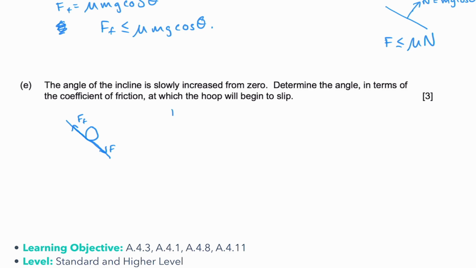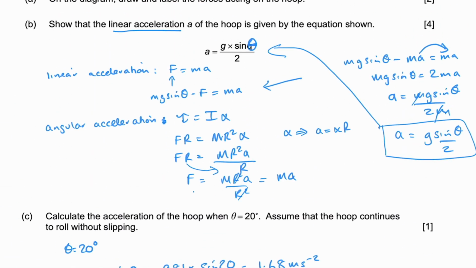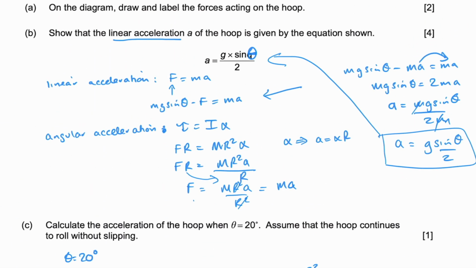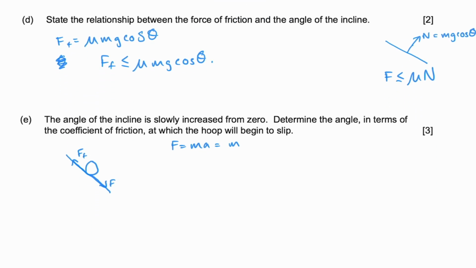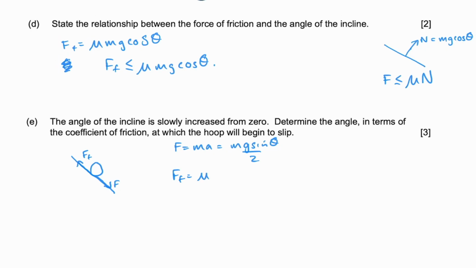Now, the force down the slope, F equals ma, we know what the a is because we calculated that in the first question. a is g sine theta over 2. So F equals m g sine theta over 2. That's the force acting down the slope. The frictional force is the one above, which is mu mg cos theta. And when these two are equal to each other is when it will start to slip.